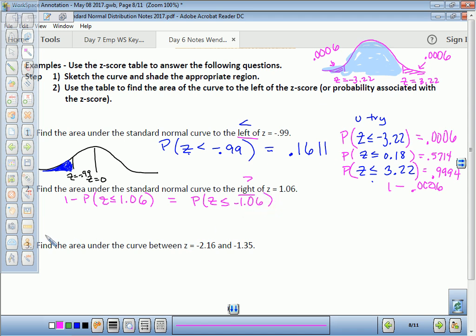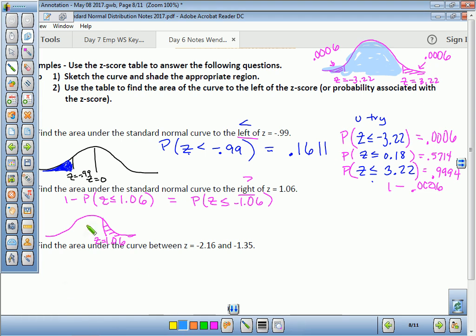Because if we think about the normal curve, greater than a positive 1.06 is this right here. So we can either do 1 minus the less than, and the less than would be all of this, right? So that's what the less than is, that shaded part.